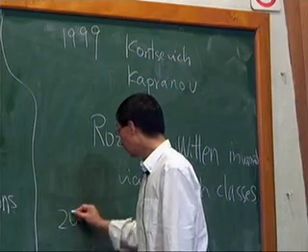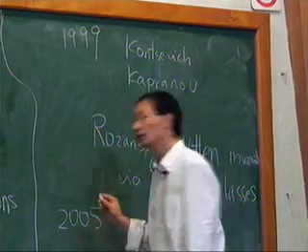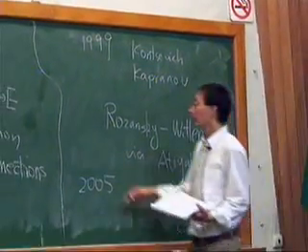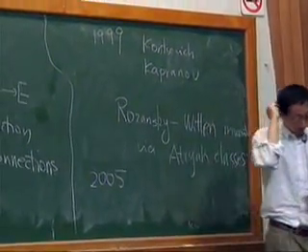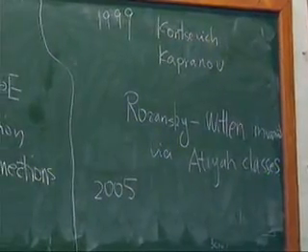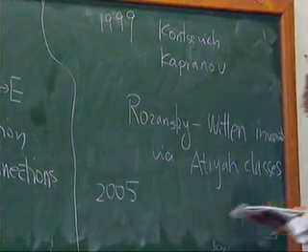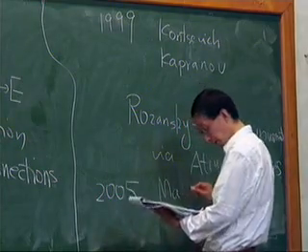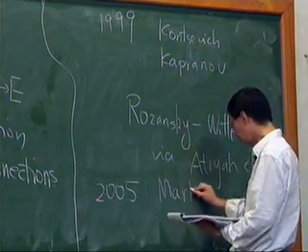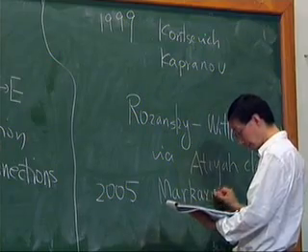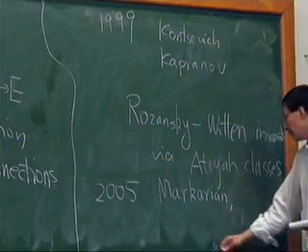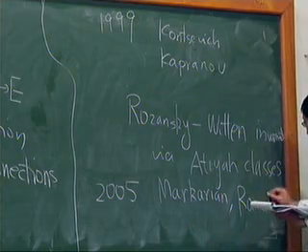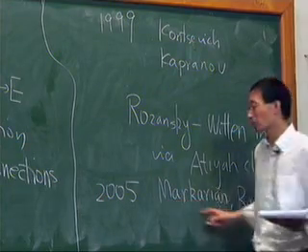Another paper which is important in the subject, at least for our interest, is a paper around 2005 by Markarian, I don't know how to say his name, and later on Ramadoss.